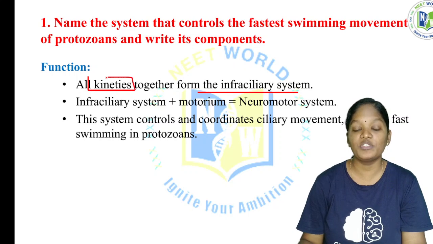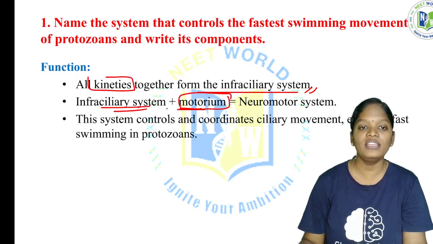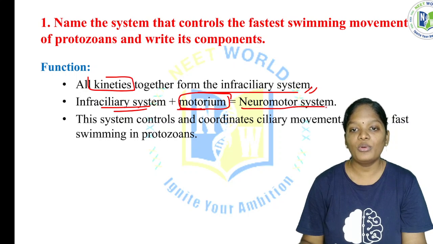All the kineties together form the infraciliary system. Now the infraciliary system plus the motorium, the structure present near the cytopharynx, together we call them the neuromotor system.